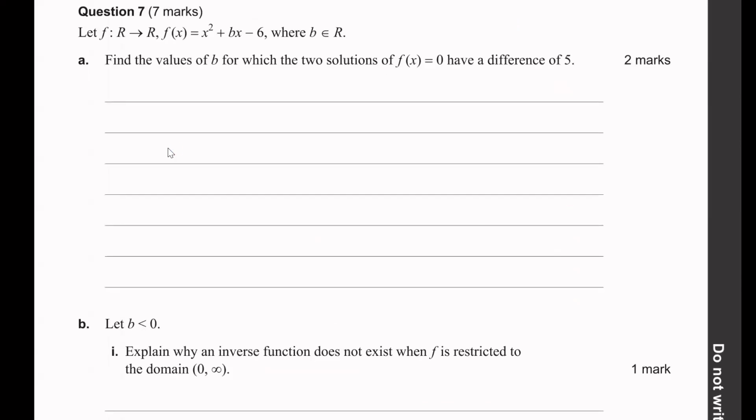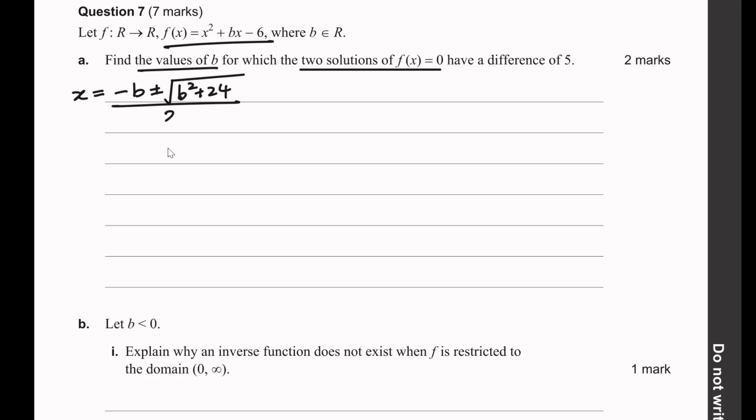Question 7. This is a function. Find the values of b for which the two solutions of that have a difference of 5. So the two solutions, we could say x equals to minus b plus or minus square root b squared minus 4 times 1 times minus 6, so plus 24, divided by 2.